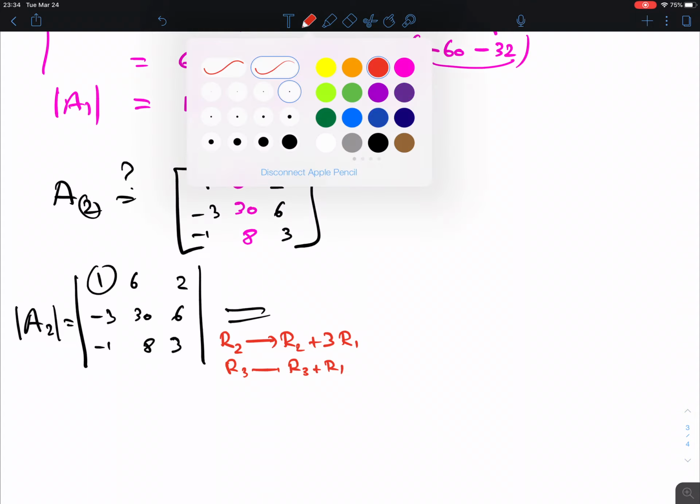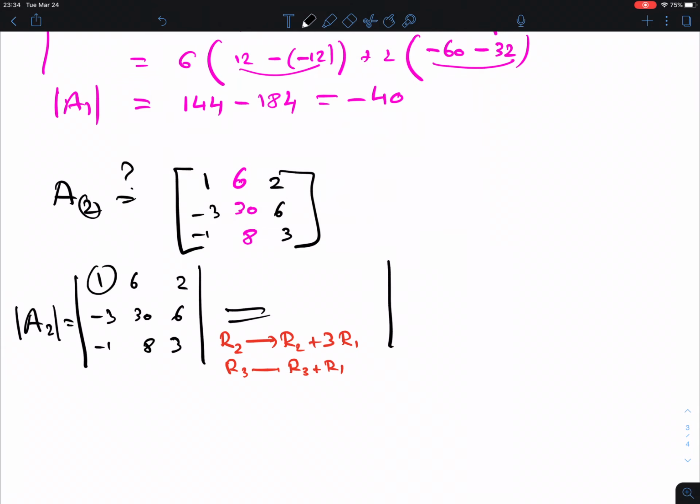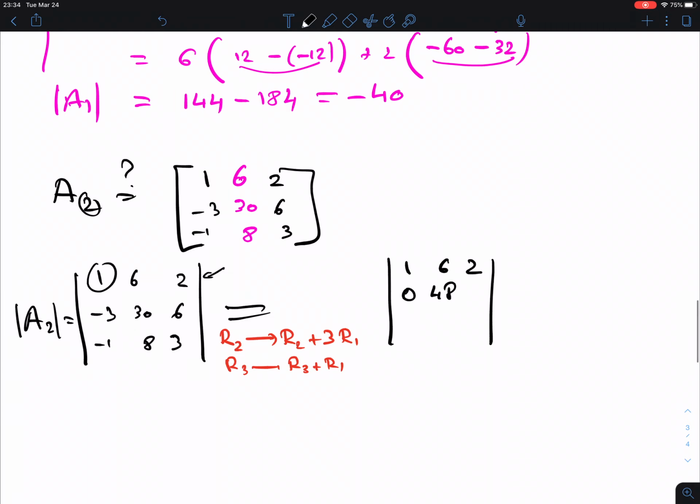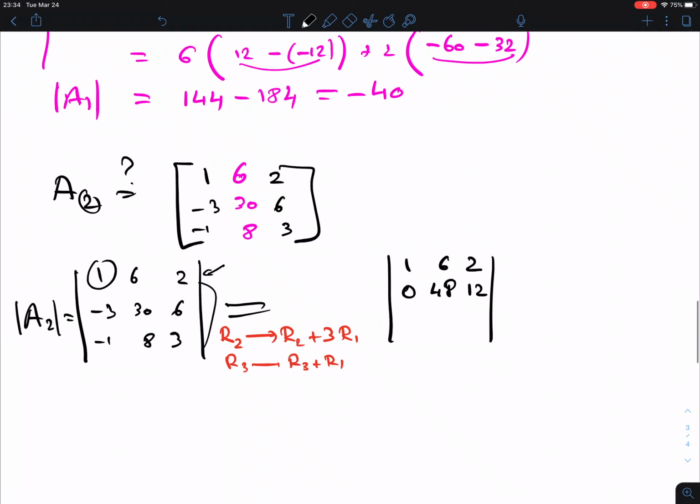These row operations do not change the sign, so we get 1, 6, 2, then 0, 18 plus 30 is 48, and 6 plus 6 is 12, and then 0, 14, 5.